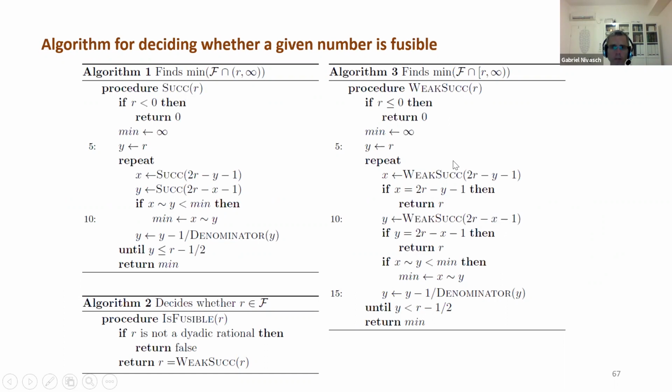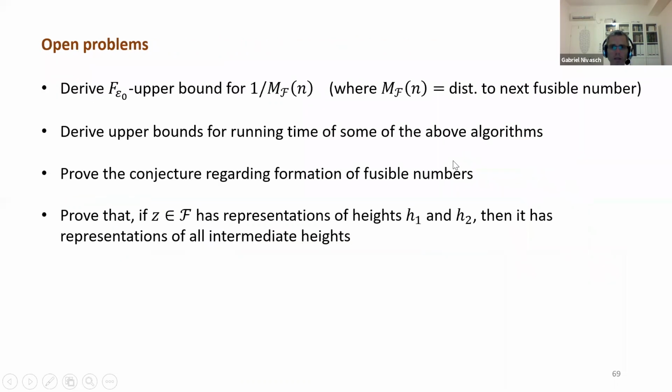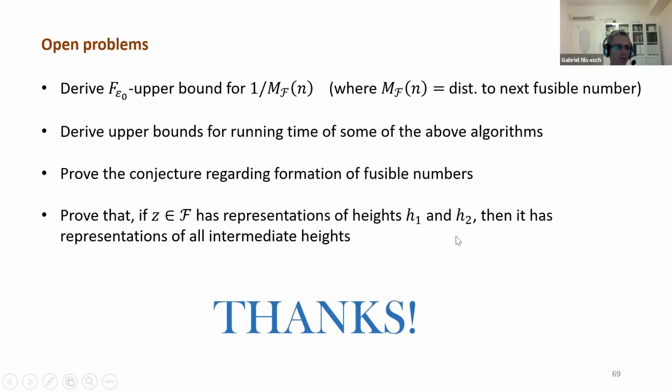So we'd like to figure out the running time of these algorithms, and the conjecture we just mentioned. Also, we noticed that if a fusible number has representations of heights h1 and h2, then it always seems to have representations of all intermediate heights. We found that, but we don't know how to prove it. Okay, and thank you very much.